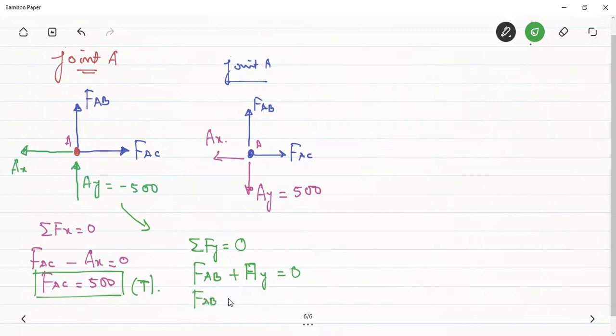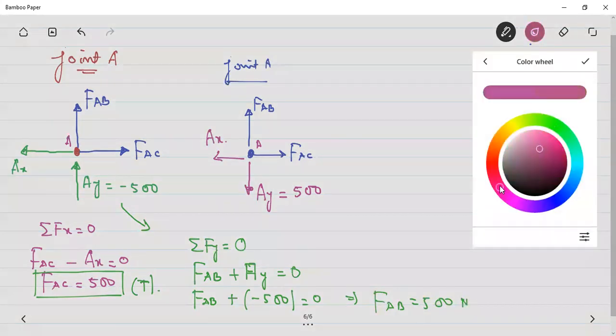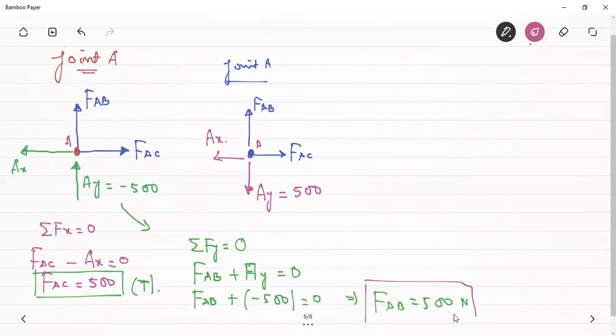So FAB, which we have to find out, plus AY, which is minus 500, because I have shown the wrong direction. If I had shown the downward direction, I would have used the positive value. But I have taken the wrong direction here, therefore I had to keep the negative sign with it. So this gives us that FAB is equal to 500 newtons. And again, this result is positive, which means that member AB is also in tension.